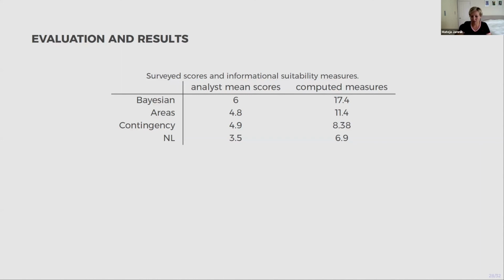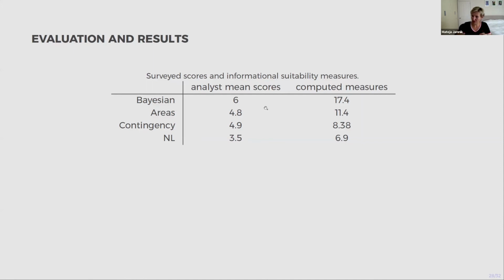So we indeed carried out empirical studies where we used human expert analysts to rank representations. In fact, I'm here showing you only 4, but we've used more than that. And then we ran our algorithm, and you will see that Bayesian representation came on top in terms of informational suitability, which is how well it can represent a problem.